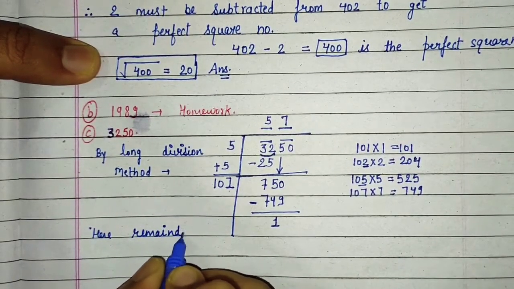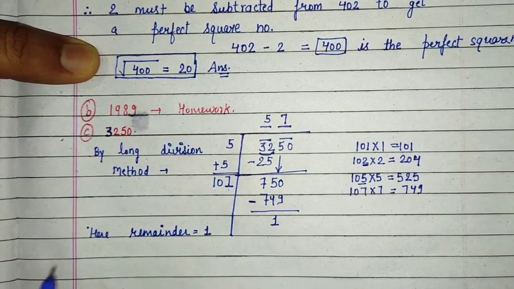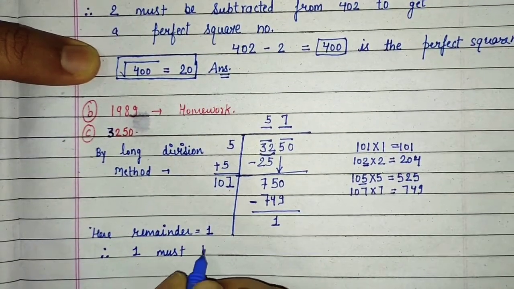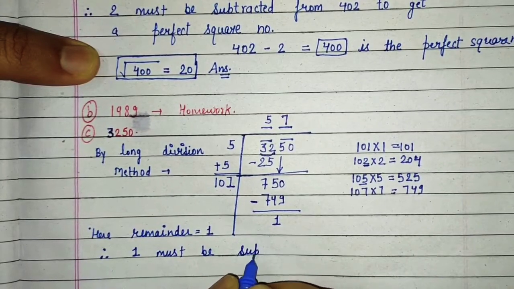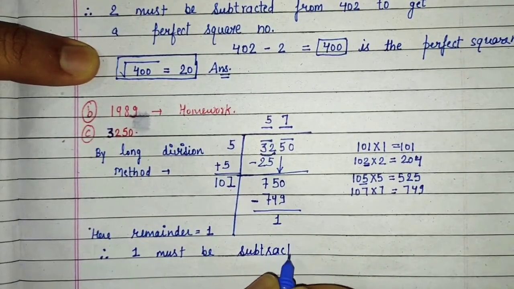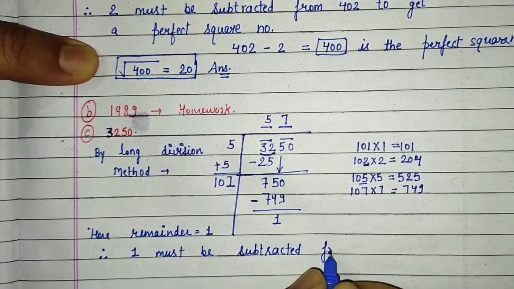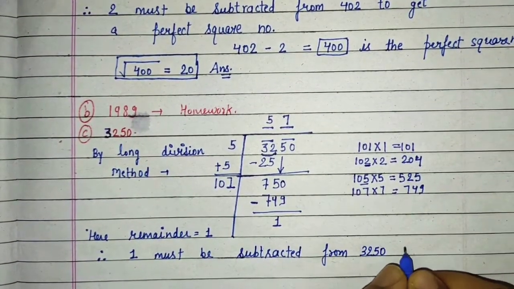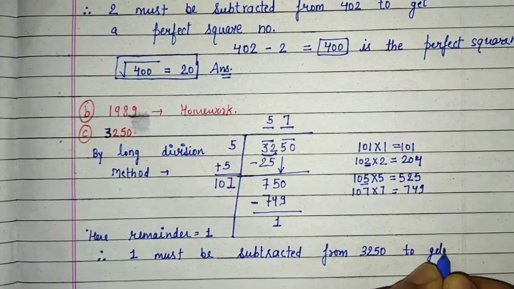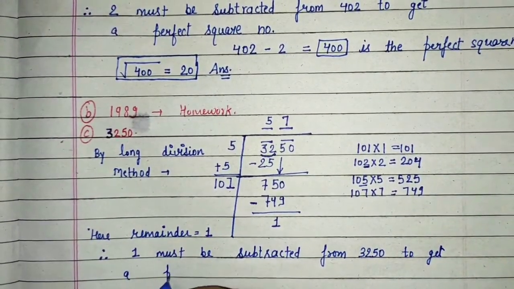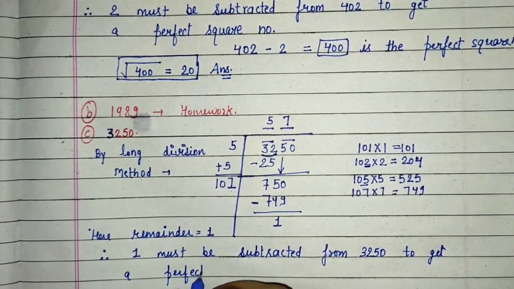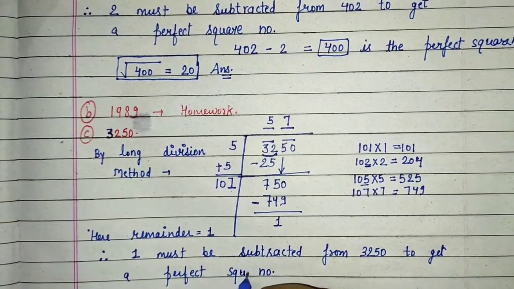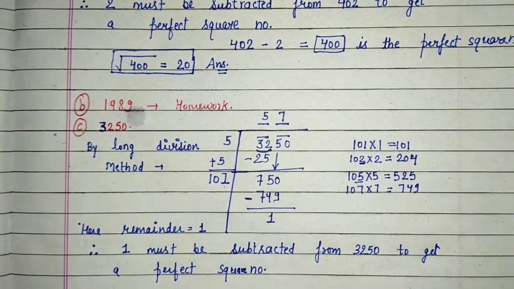Here just write down: remainder is equal to 1. Therefore 1 must be subtracted from 3250 to get a perfect square number. Clear?